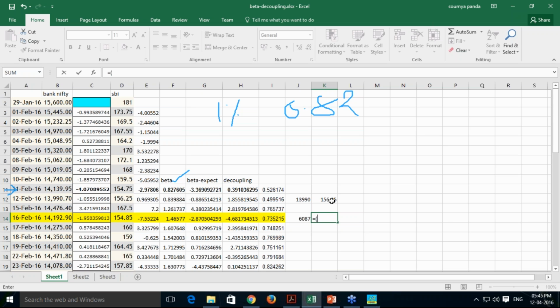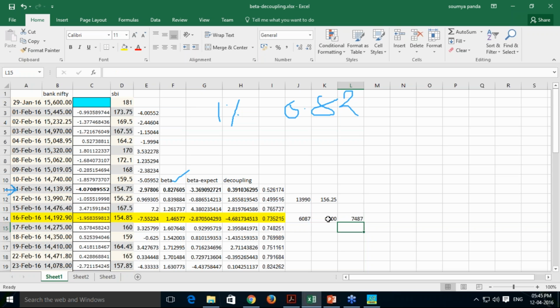This is what I have sold here, and this is what I am getting. So this price minus 154.85 into 1000. Once this decoupling which increased after I initiated the trade has perished, my trade comes to a profit of 7,487.